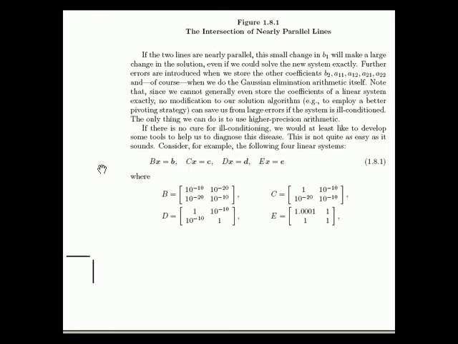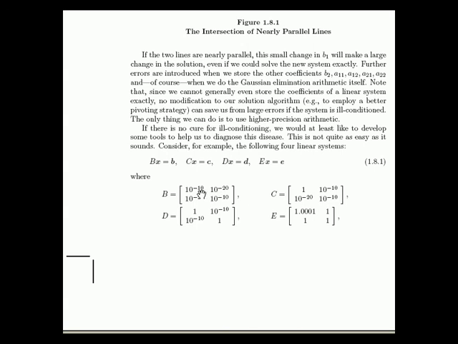Well, an obvious measure of how nearly singular a matrix is, since we know that if the determinant of a square matrix is 0, it's singular. If it's not 0, it's non-singular. You might say, well, the determinant is a good measure of how nearly singular. If a determinant's nearly 0, it's nearly singular. Well, that's true in a way, but you have to be careful because if you multiply a matrix through by a constant, that changes the determinant.